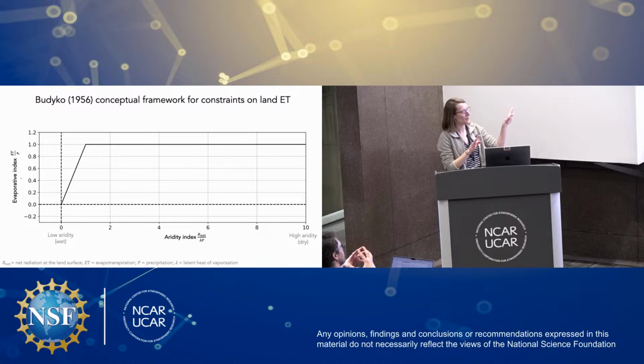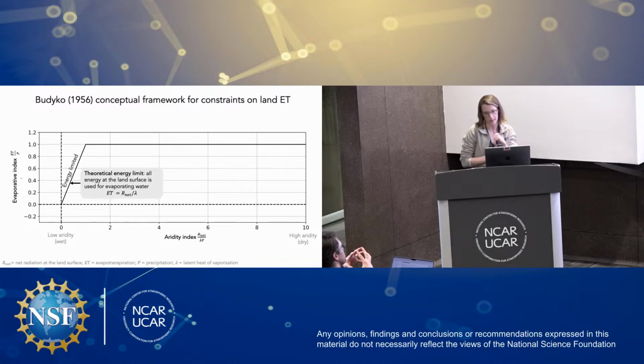There are lots of variations on the Budyko framework. I'm sticking with the original 1956 plot. So we have the aridity index on the x-axis and the evaporative index on the y-axis. And Budyko frames there as being two fundamental constraints on land evapotranspiration. There's a theoretical energy limit, which means all energy at the land surface is used for evaporating water.